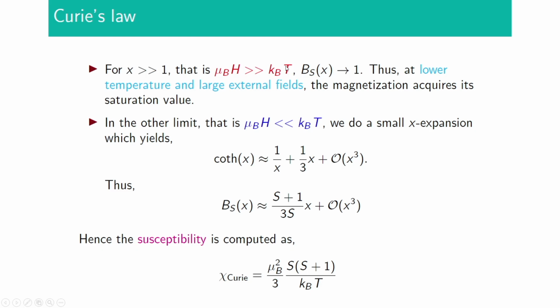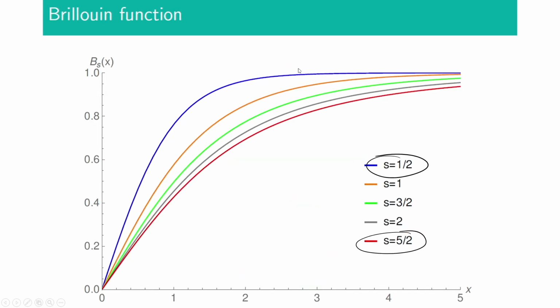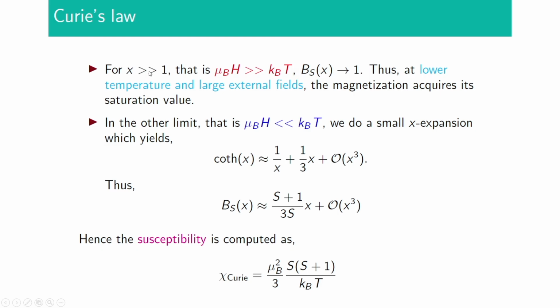At low temperature the magnetization approaches a saturation value, because this B_S, the Brillouin function, tends to 1, which is what you see here. That is the behavior for large x, where you get B_S equal to 1, so the magnetization attains saturation.